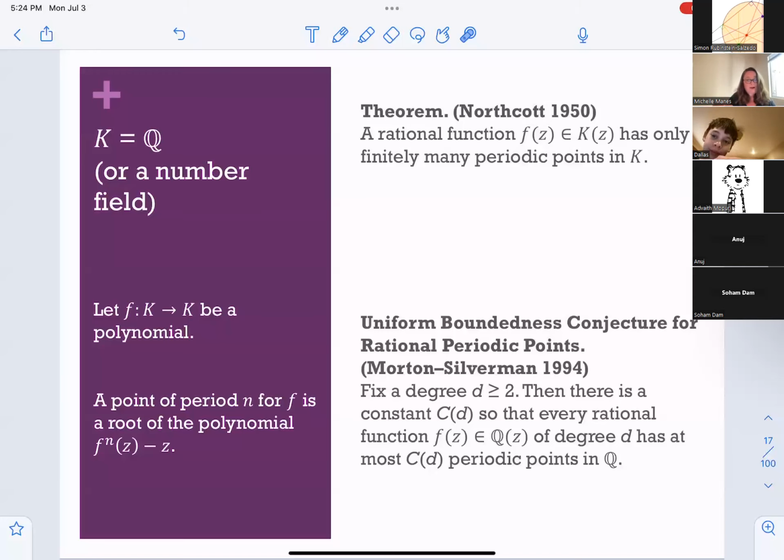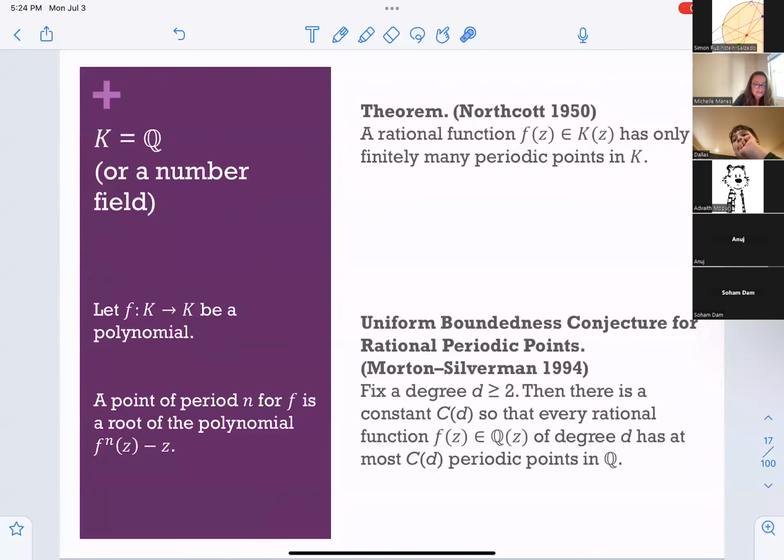Each individual one has finitely many, but if I look at the whole family, each one has more and more and more and more of them. So it's kind of unbounded, right? It can get as big as I want. Could I find one with more than 1 billion? Yeah. Could I find one with more than a googol? Yeah, right? Because I just go far enough out. So this says that that's impossible, that if I know the degree, I know an absolute maximum number.